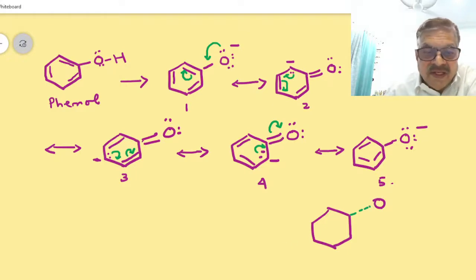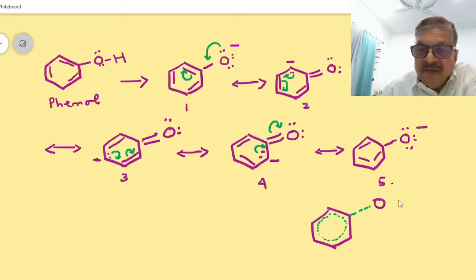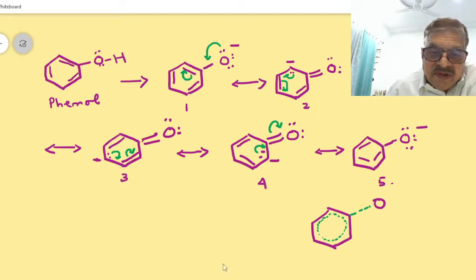Oxygen. Then this electron density delocalization we can show like this. Now here there will be a partial negative charge, correct.